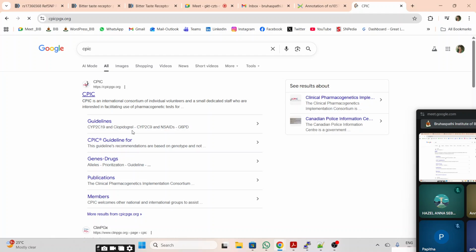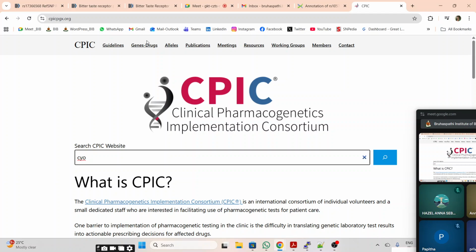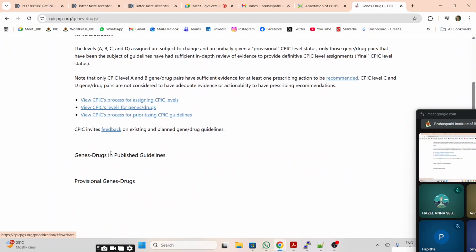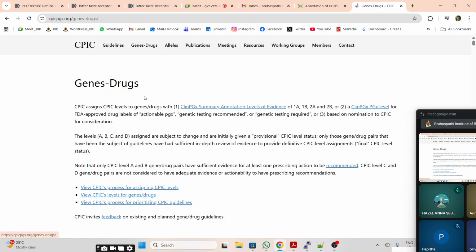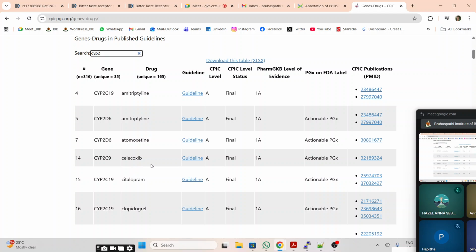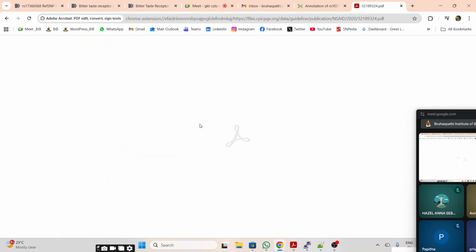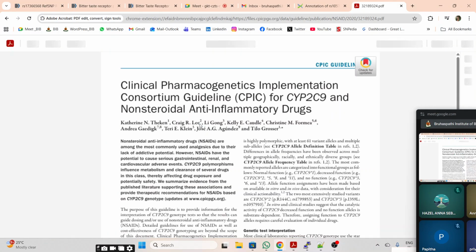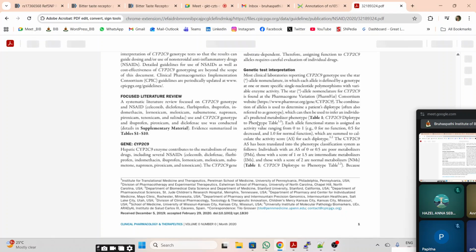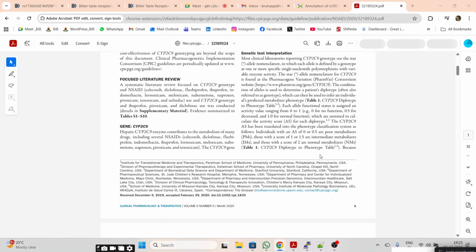If you go here, you have to give the genes or drugs, CYP2C9. It's a big article. We have been reading it left and right, so I know where it is located. So I'm just directly going there.